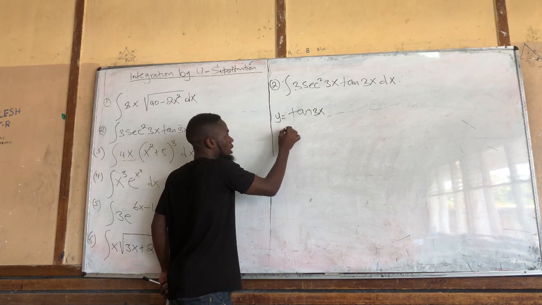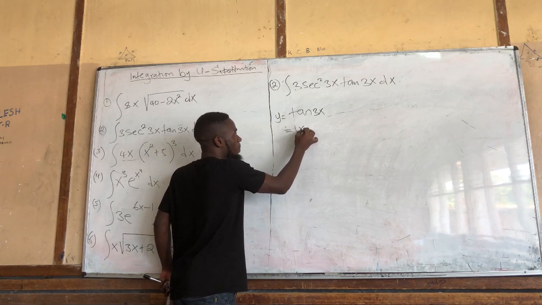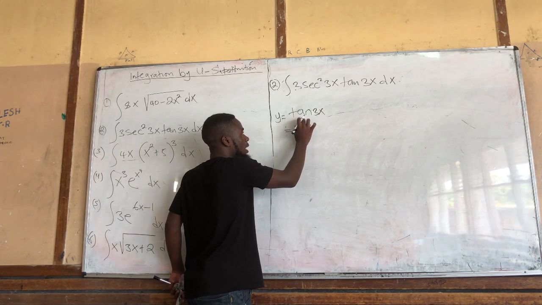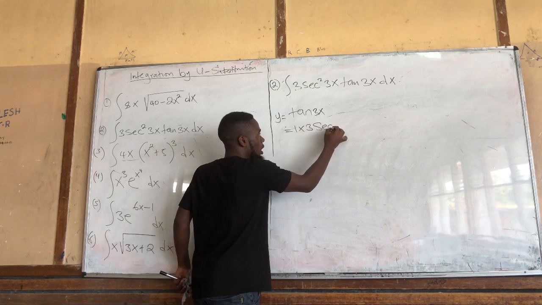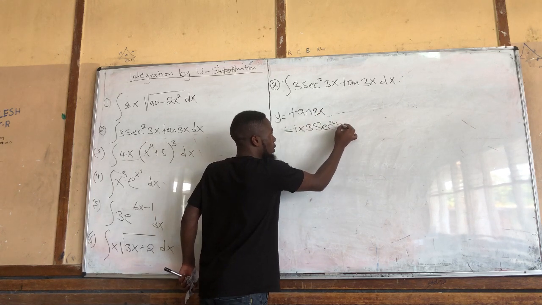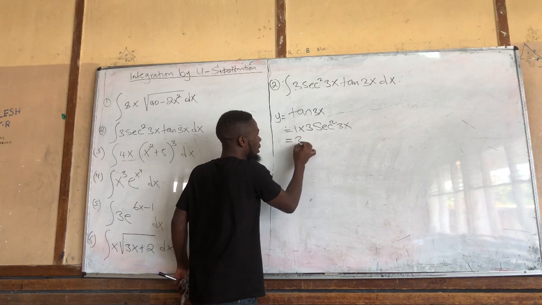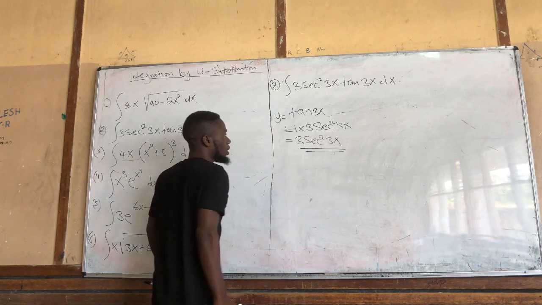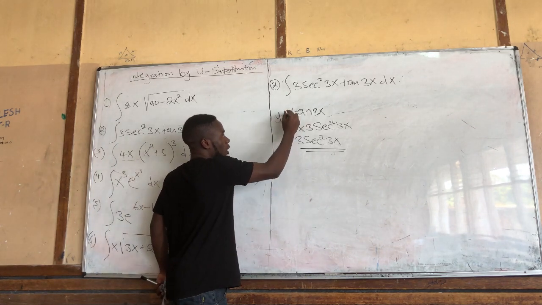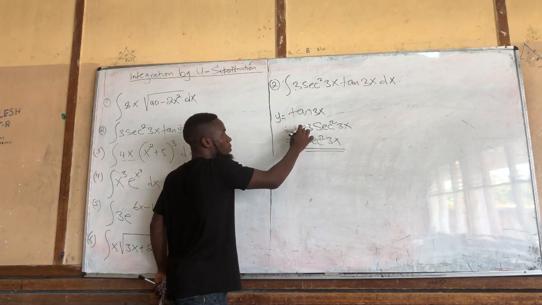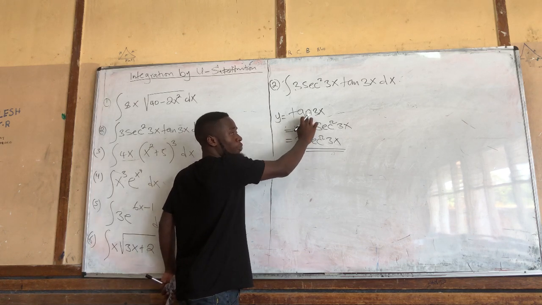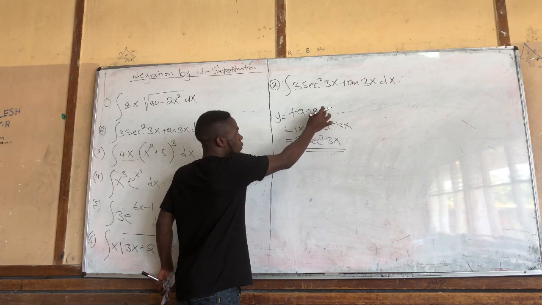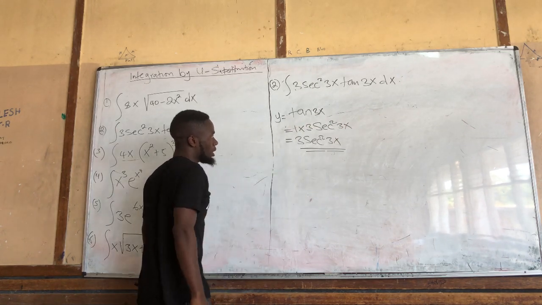So it will be equal to 1 multiplied by this 3. Then you differentiate tan, which is sec squared. Then you maintain this 3x here. So the answer here is 3 sec squared 3x. So you multiply the 1 in front by this 3, then you differentiate tan, which is sec squared, then you maintain this 3x there. That will be the answer.